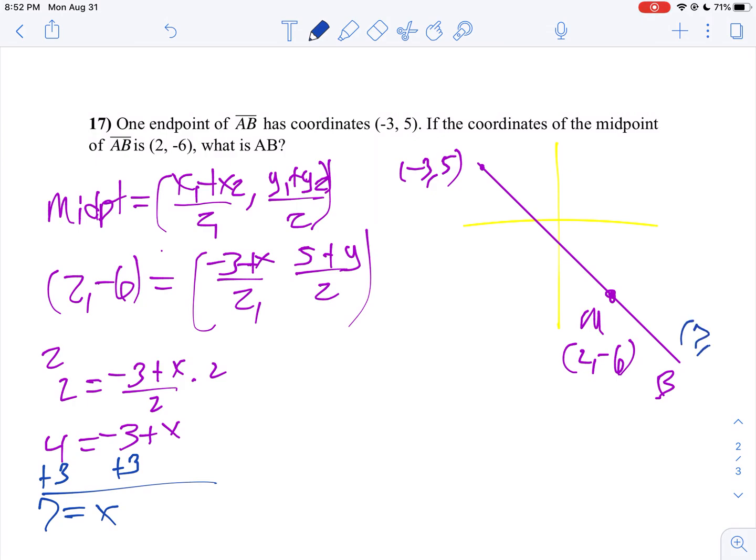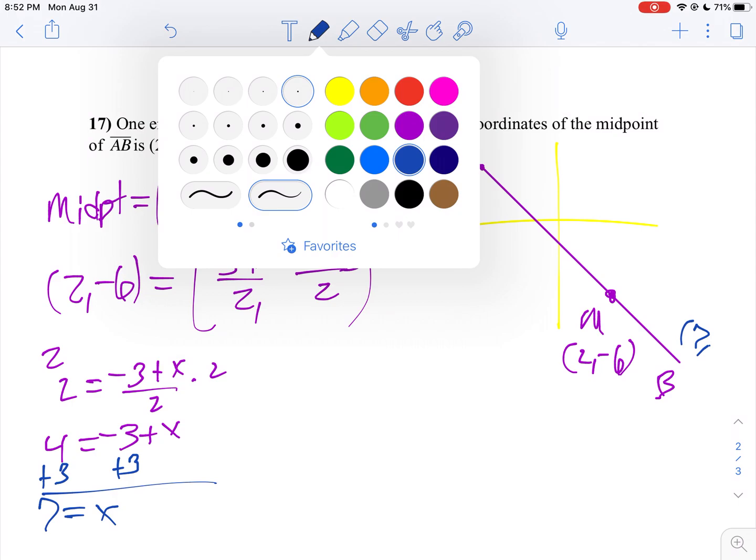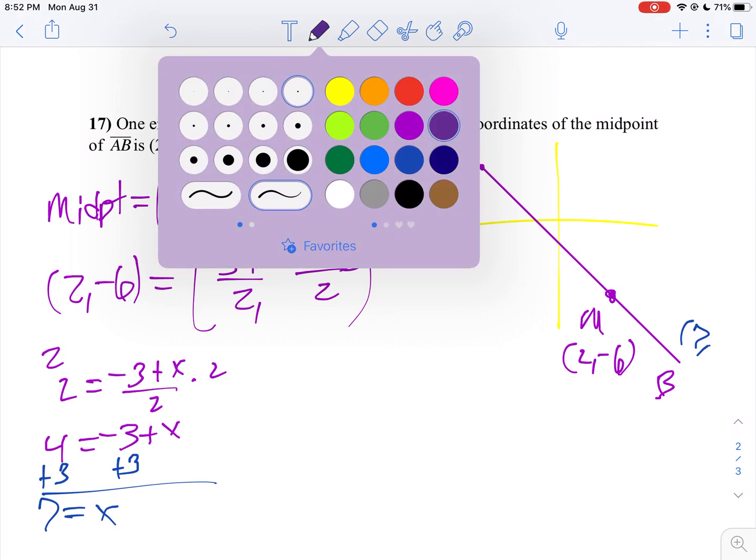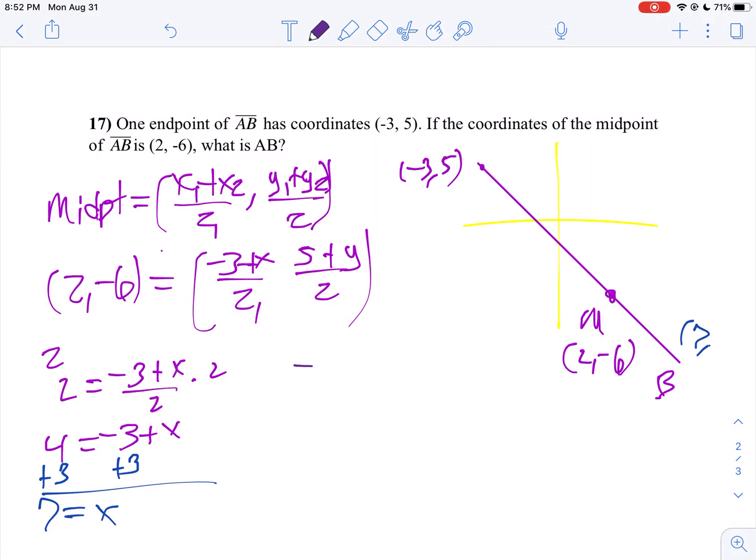Now I'm going to approach y in pretty much the same method. I'm going to say negative 6 equals 5 plus y all over 2. Multiply both sides by 2. You get negative 12 equals 5 plus y because the 2's reduce.